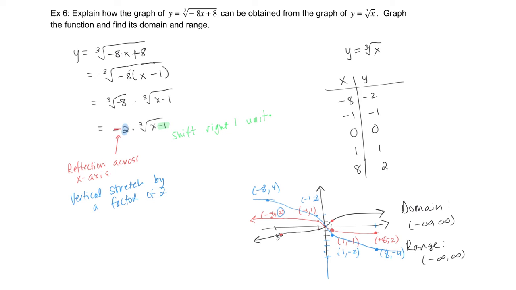So if there's a change to the input, then it's affecting the x coordinates. Okay, so now that whole blue graph right in here is just going to shift over to the right by 1 unit. Okay, so let's get our final graph.